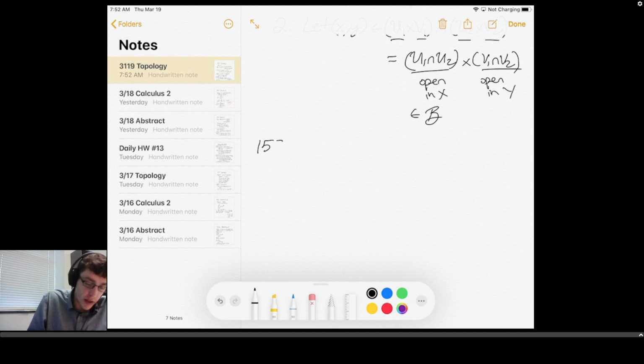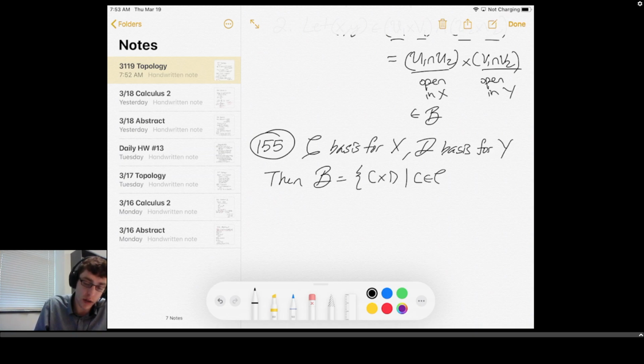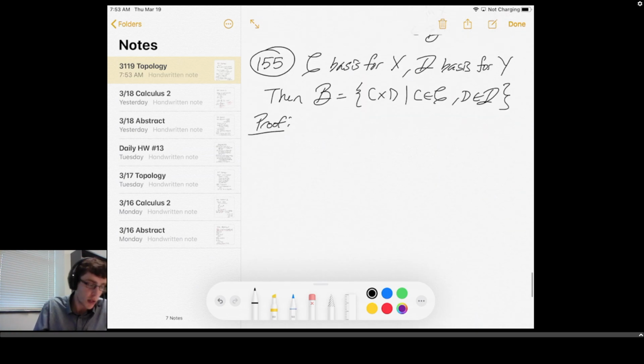And so 155, this is very similar. Here we're given C is a basis for X, and D is a basis for Y. And the claim is we can actually do a bit better for our script B. We can do things that are C cross D, where C is a basis element in X and D is a basis element in Y. Again, you just have to do the basis stuff.